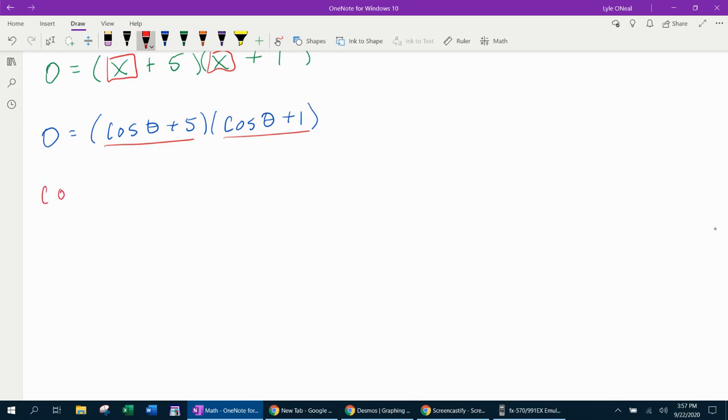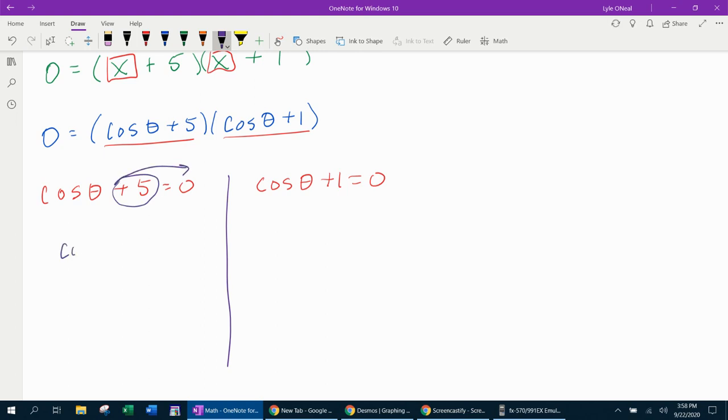So we're going to say cosine of theta plus 5 equals 0. And we're going to say cosine of theta plus 1 equals 0. And that should produce two solutions here, okay? So for the first one, we're bringing the plus 5 over so that we can isolate the trig function. And let's see. Yeah, this is not good. Let me explain why here.